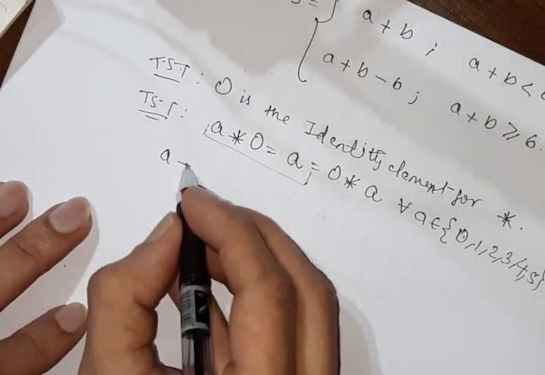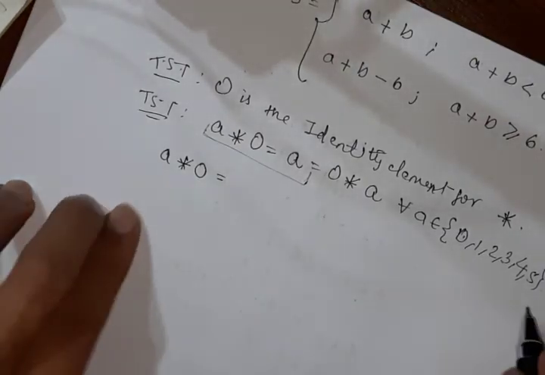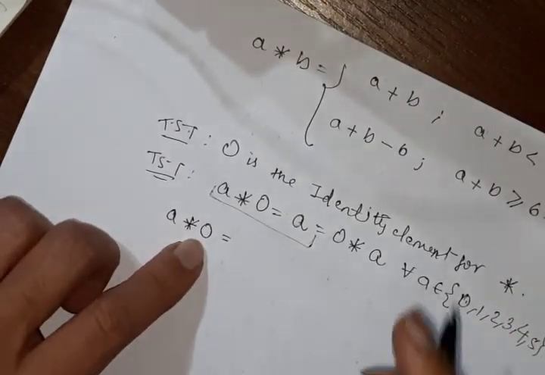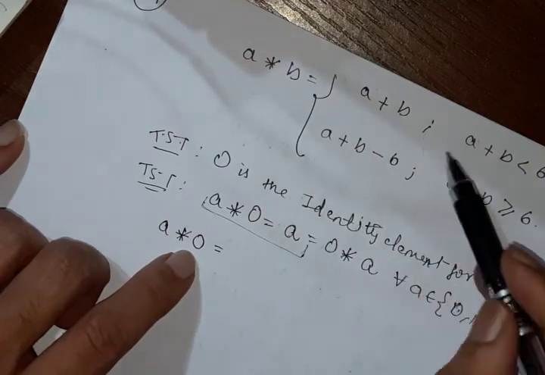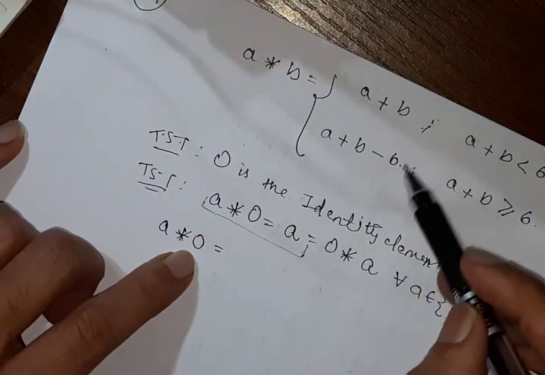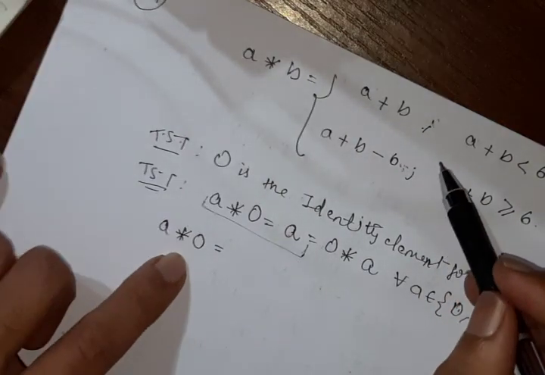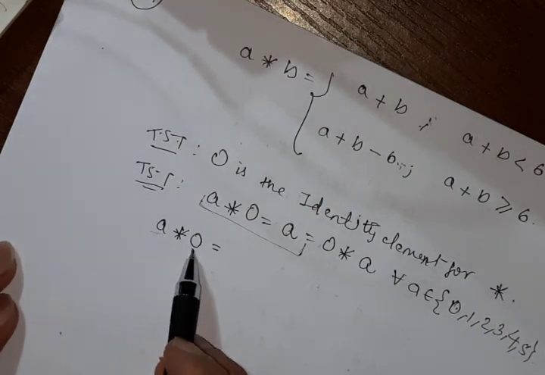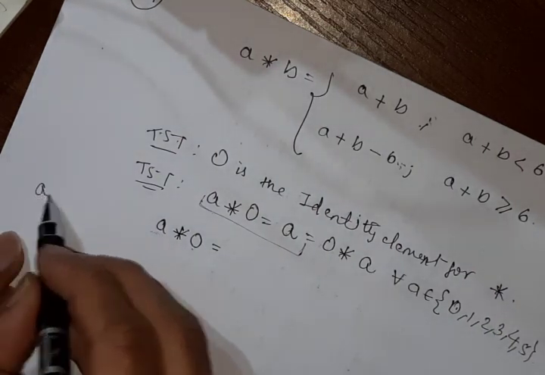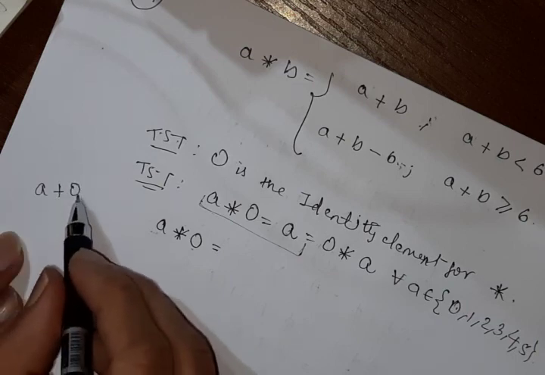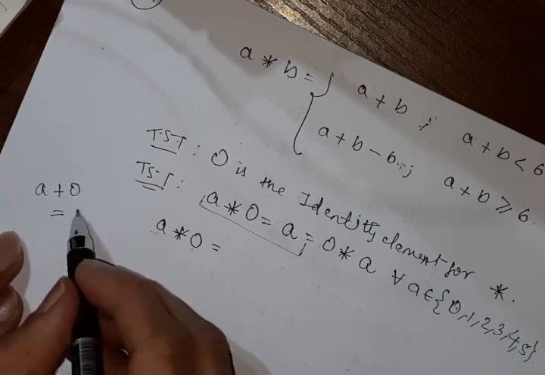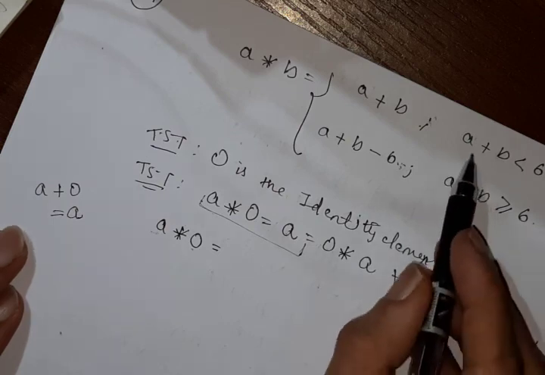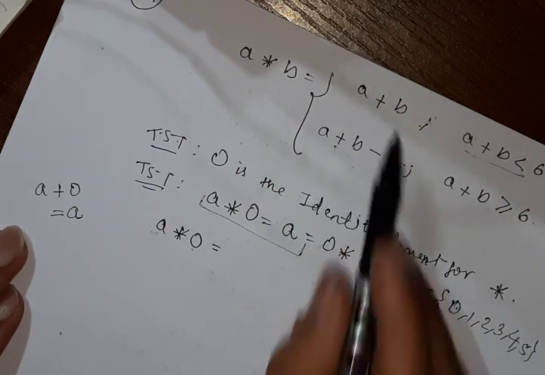So A star 0 is what? You have to look at the definition. There are two definitions for the operation star. Which one to select? Here you have A star 0. If you look at the sum, that will be A plus 0, which is equal to A. We have to check the sum and then only we can get the definition.